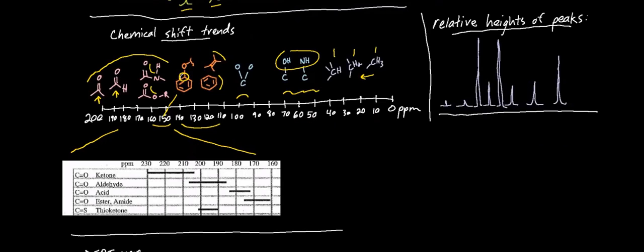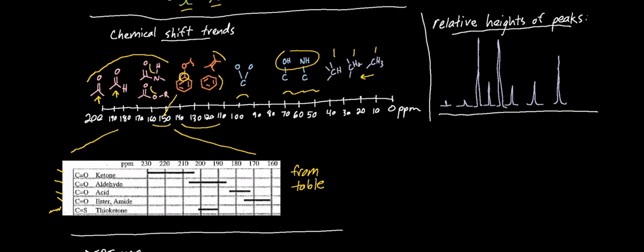If we go down here, and this is from your table that's posted, the carbonyl region. I'm going to assume that no one needs to really review, but if you do need to review your functional groups, I would do that immediately. It's very important to recognize ketones, aldehydes, carboxylic acids, esters, amides. It's likely we're not going to see very many thioketones. So everything above, let's say 170 for sure, is very likely a carbonyl.